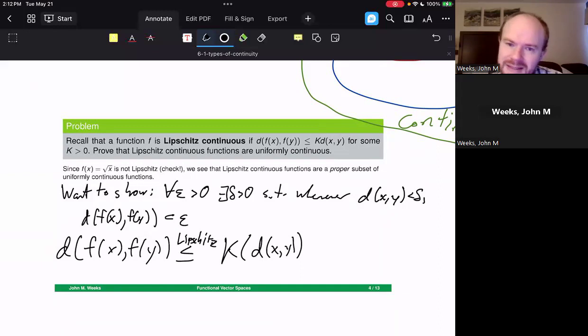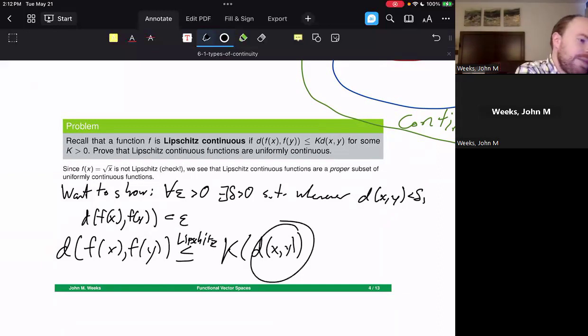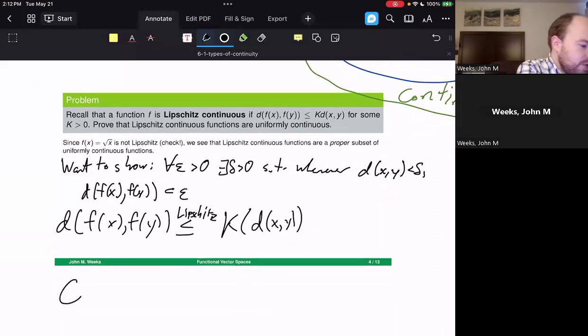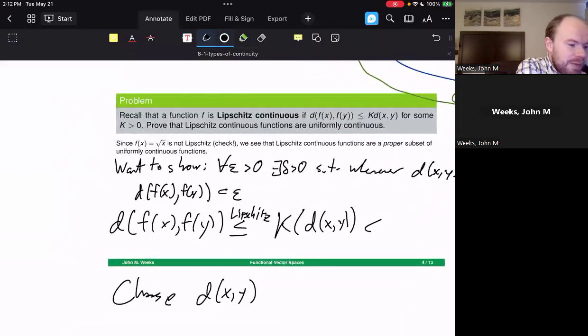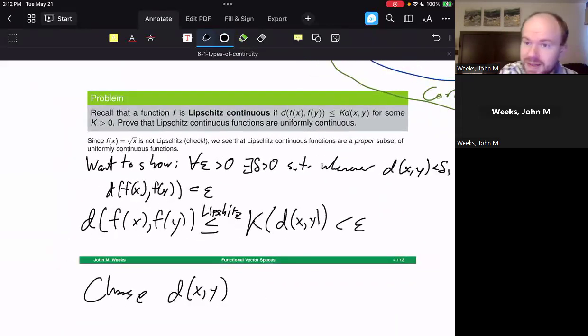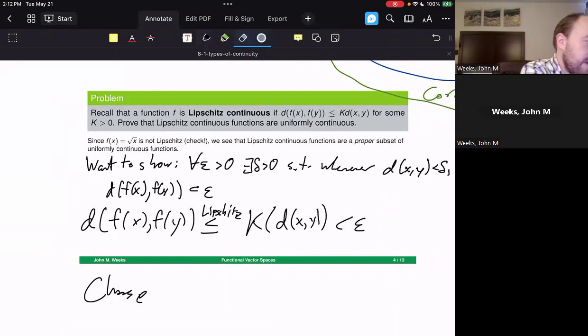What would I like my distance between x and y to be? If this needs to be less than epsilon, what am I going to use as my choice of distance between x and y? Yes, my choice of delta is what I should write here.